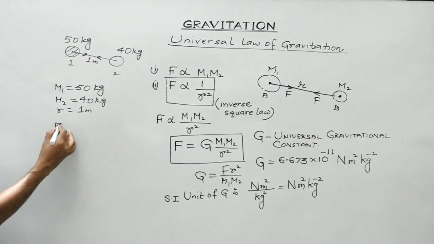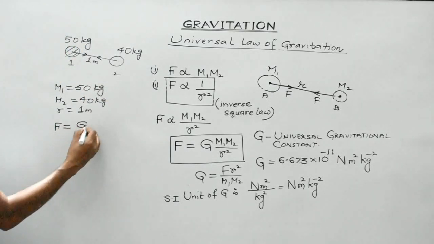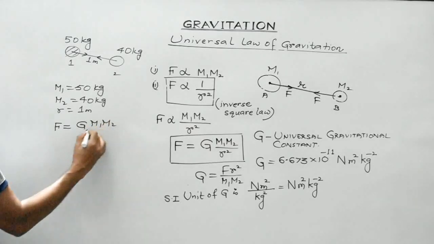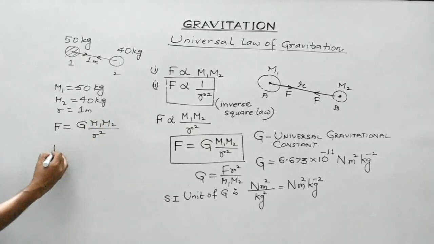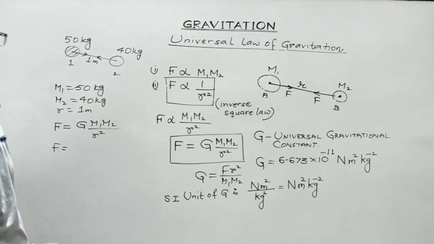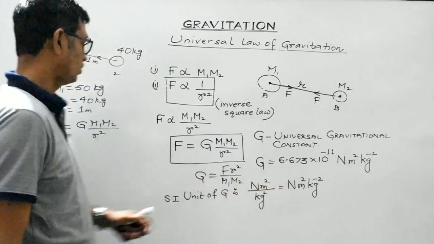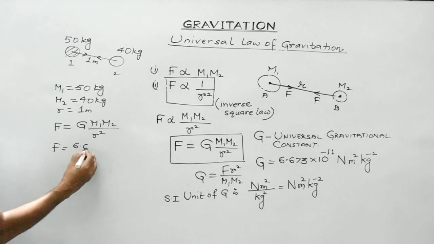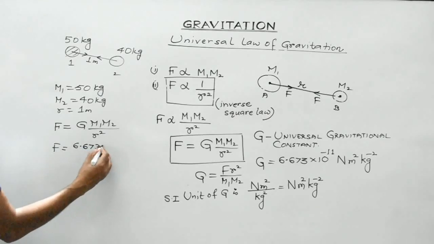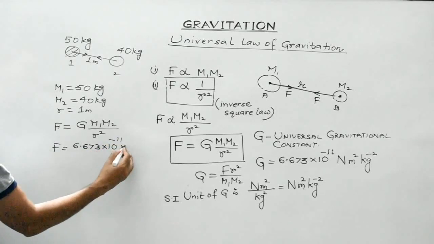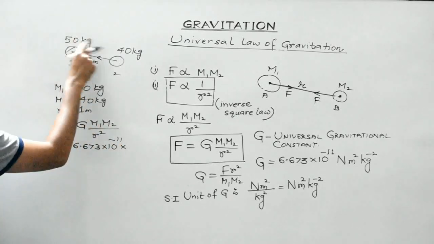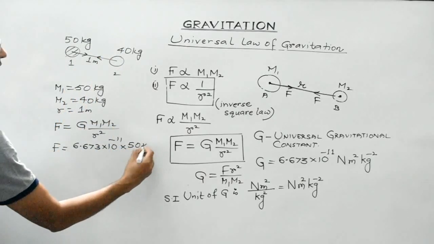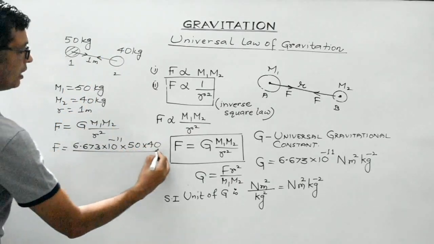So force as per the universal law of gravitation is given by G M1 M2 by R square. Let's substitute the values. What's the value of G? You need to remember this value, students. So it is 6.673 into 10 raised to minus 11. What's the mass of these two bodies? One is 50 and the other one is 40 kg. Divided by distance, which is 1.